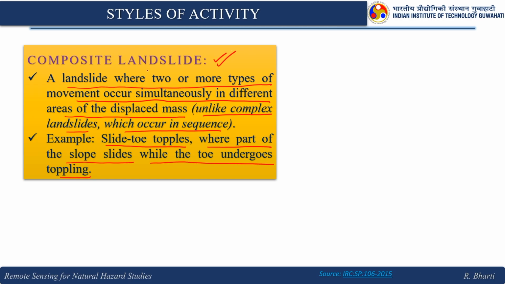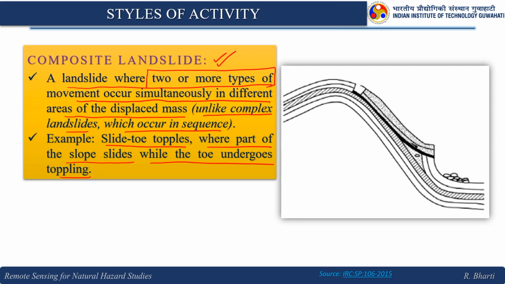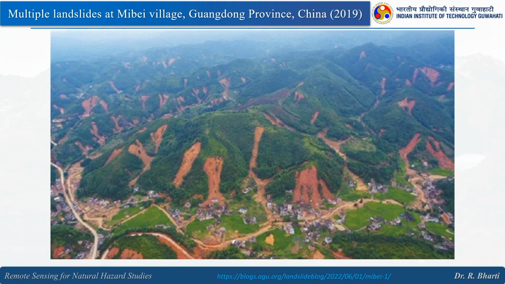So, here it is important to note two or more types of movement occurring simultaneously, right. So, here this is the example of a composite landslide. This particular figure is taken from the AGU website.